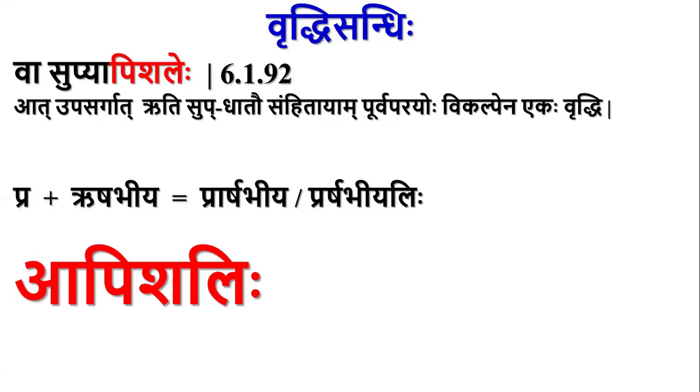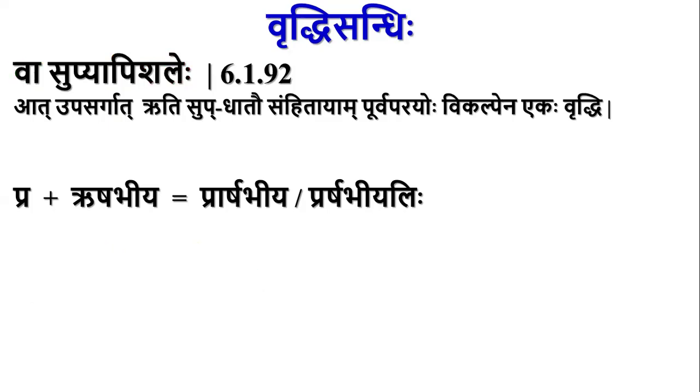So to give the credit of this rule to Apishali Maharshi, he has mentioned his name in this sutra. Va supyapishalehe. Va means optionally. So this is about va supyapishalehe.